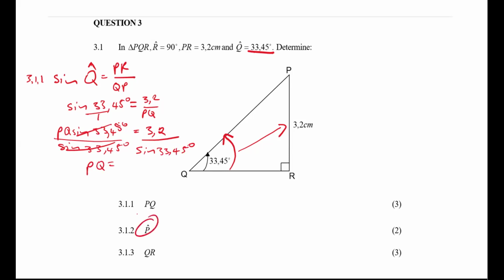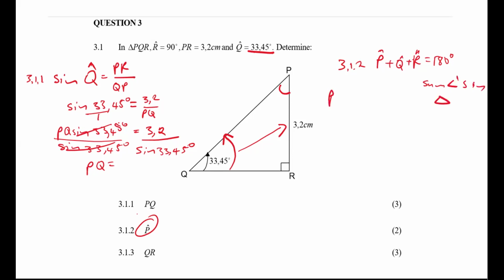Good. Now angle P. How do I find angle P? I know that angle P plus angle Q plus angle R equals 180 degrees. Why? Sum of angles in a triangle.